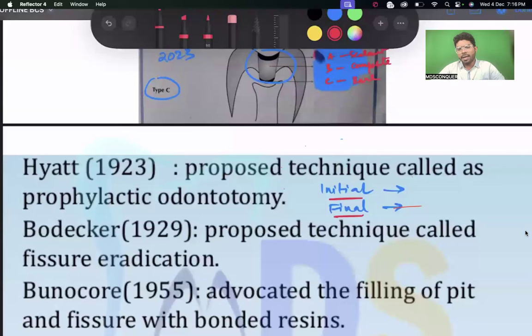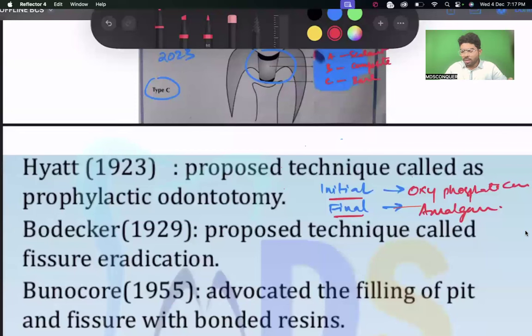So what they have done is, once these first molars erupt into the oral cavity, they removed the superficial fissure and pit area and filled it with oxyphosphate cement initially. Later, after a few days, once everything settled down, they replaced this oxyphosphate cement with an amalgam restoration. This is what basically happened, right?